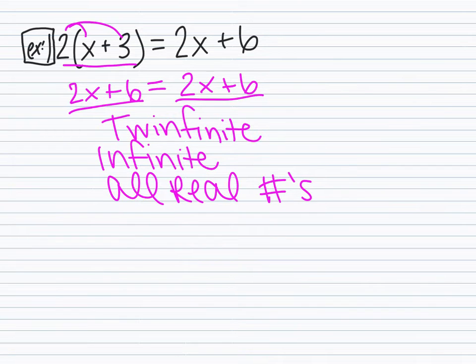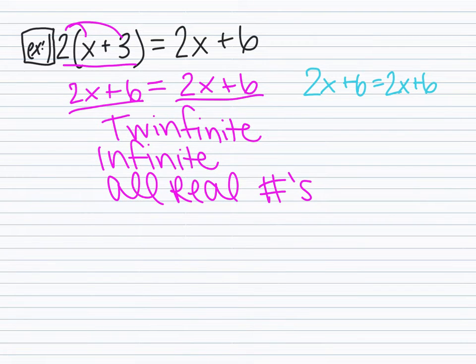So if we were to try and solve this, because if you aren't able to look at this and see that the expressions are the same on both sides and you wanted to try and solve it, we would have 2x plus 6 equals 2x plus 6.